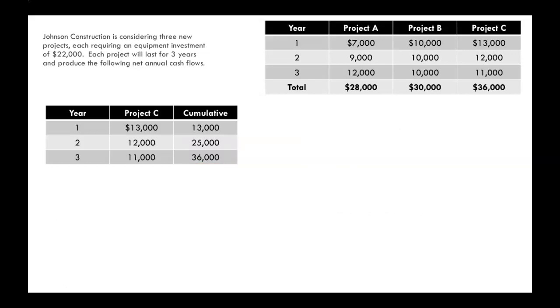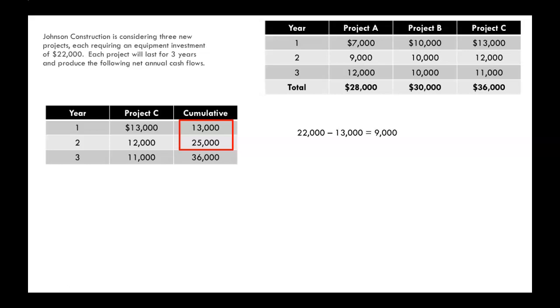So now let's take a look at Project C. In Project C, we're going to make our $22,000 somewhere between the end of year one and the end of year two. So we're making it a little bit earlier on here in this third project. How do we figure out when in year two? Well, we take our cost, our $22,000, and subtract the $13,000 that we had made through year one.